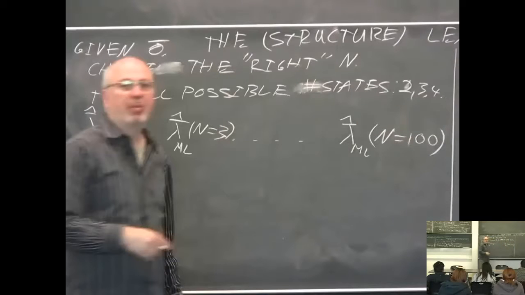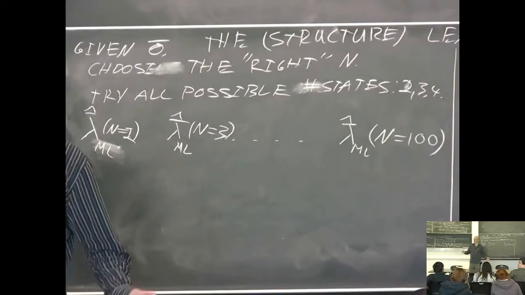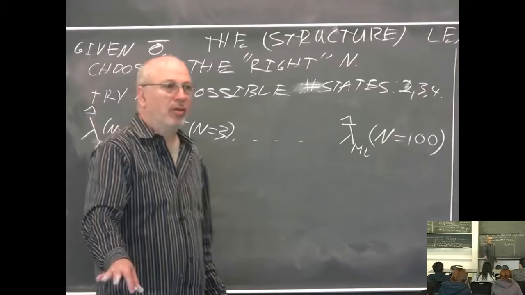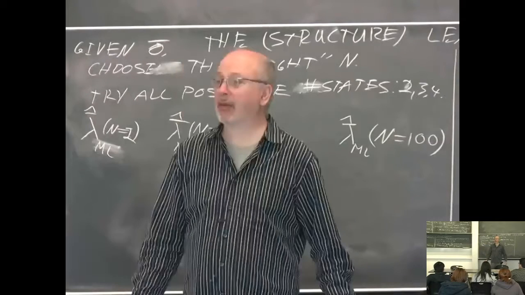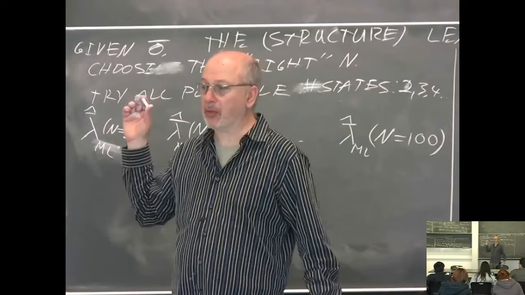Let's say you stop at 100. Now, you want to validate it against the holdout set. So that would be one way, is to leave some data out, let's say 1%, then calculate the likelihood of the held out data under each one of these models. Okay?